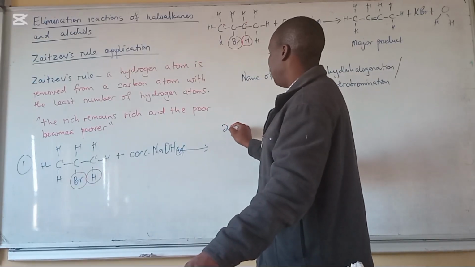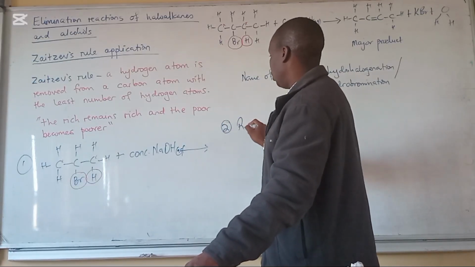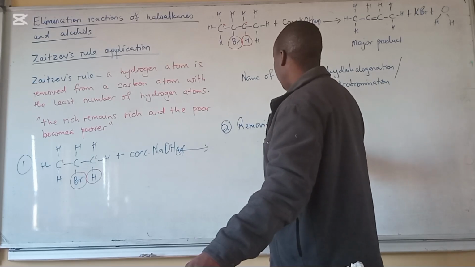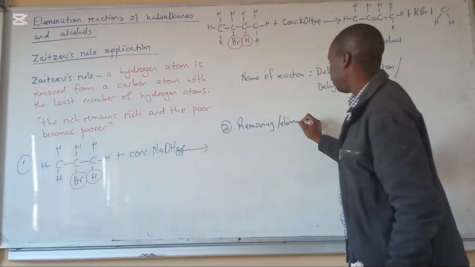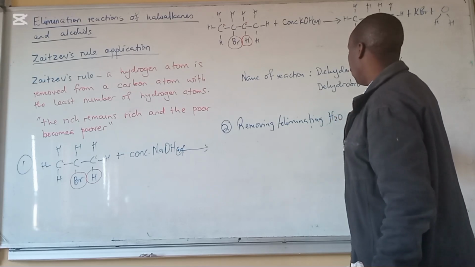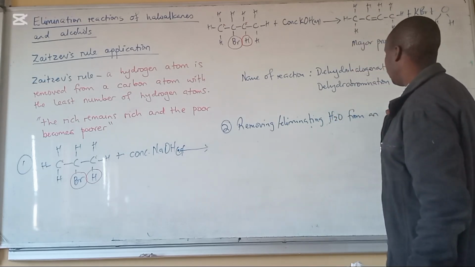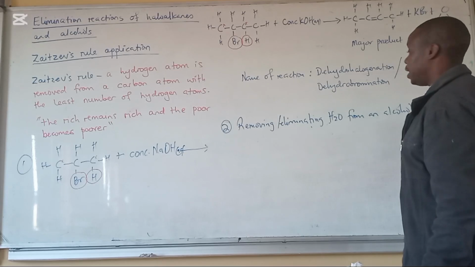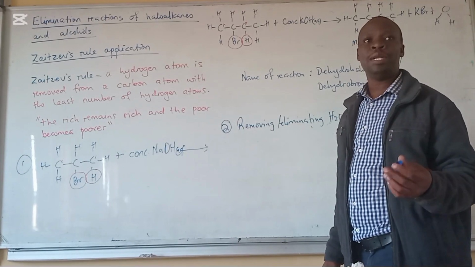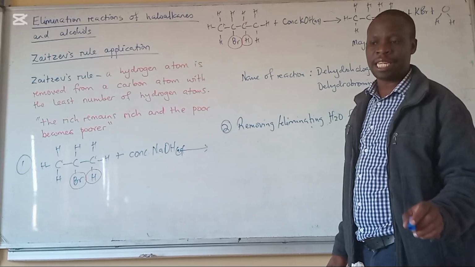Number 2, we are now removing or eliminating H2O from an alcohol. It is a reaction which also involves application of the Zaitsev rule.